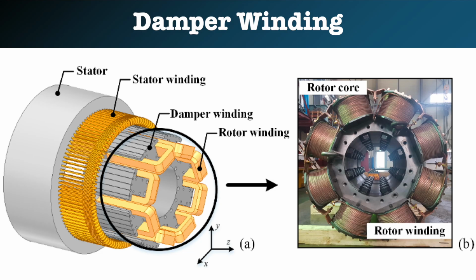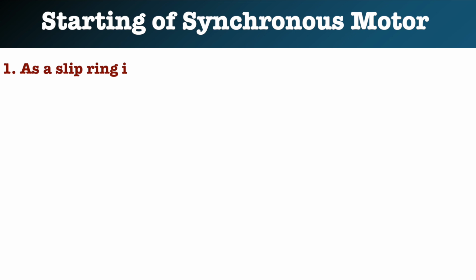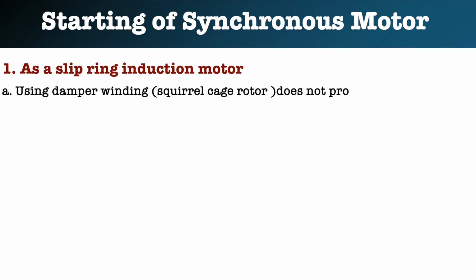This winding is short circuited and acts as the squirrel cage rotor winding of an induction motor. Next, we can start our synchronous motor as a slip ring induction motor. The above method of starting the synchronous motor as a squirrel cage induction motor does not provide high starting torque.